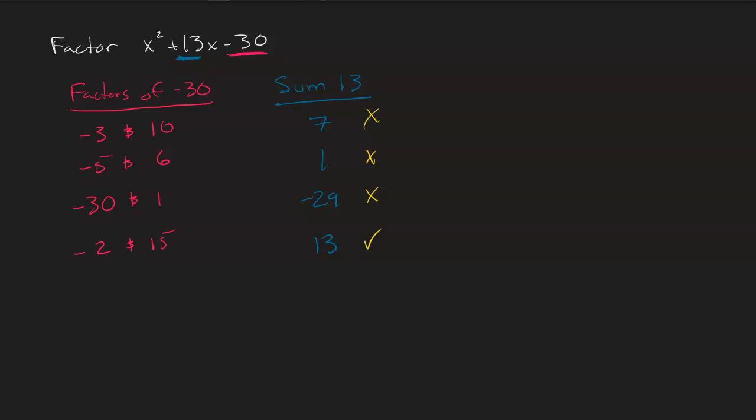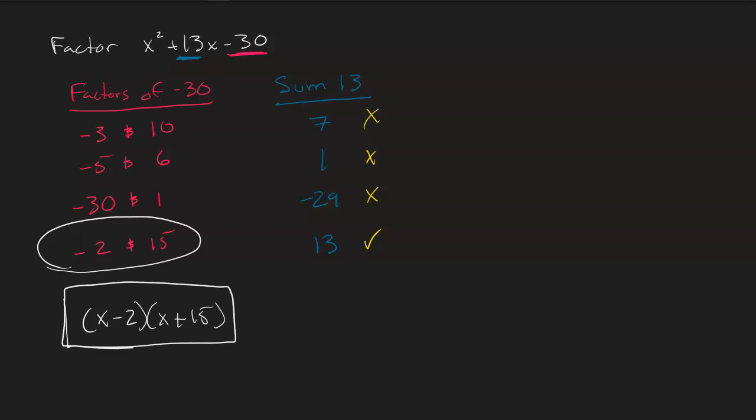So I'm going to use these as my factors to write it in factored form. So I can essentially write it as x minus 2, since I'm dealing with a negative 2, times the quantity of x plus 15. And that would be my factored expression from the expression that was written in standard form.